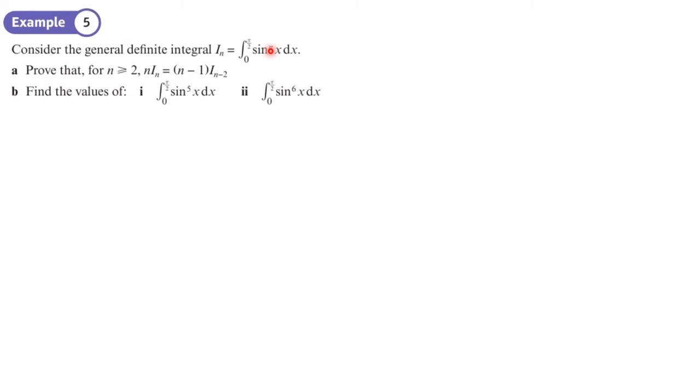Okay, so in this question it says we need to consider this integral here and prove this result. But we proved this result without the limits in example 2. So you might want to have a look back at example 2. But I'm just going to write it here.